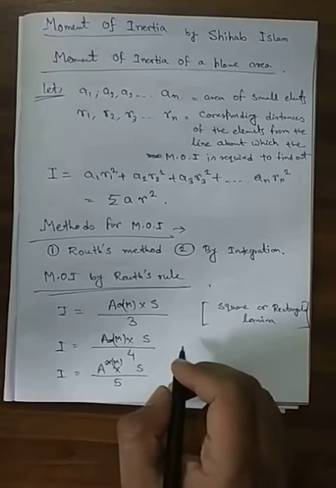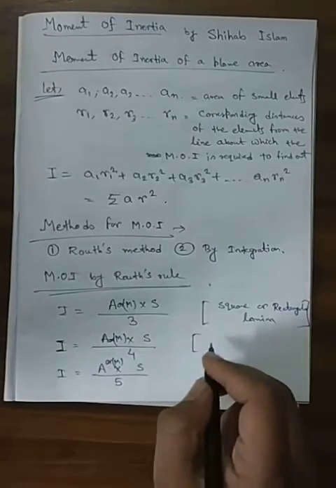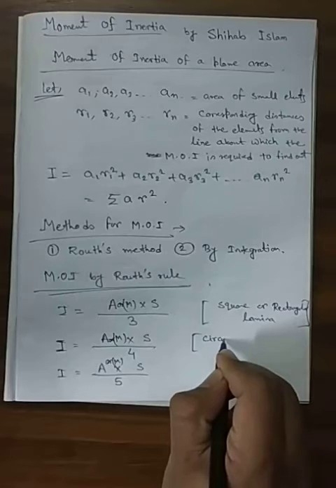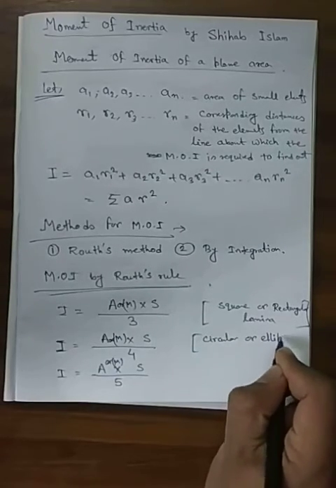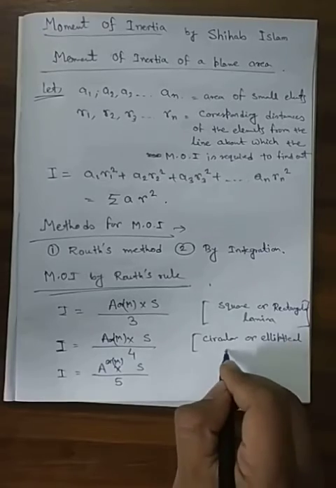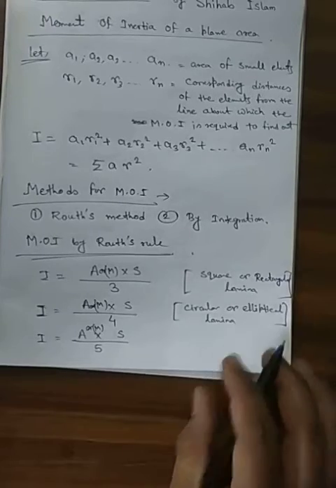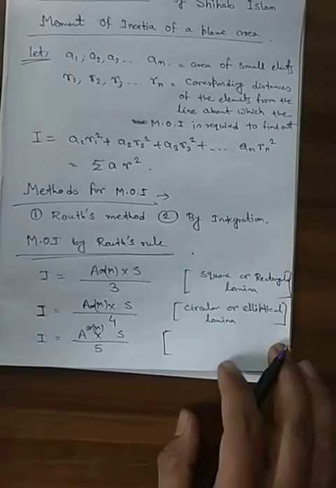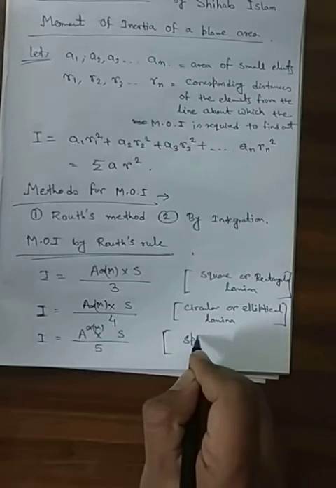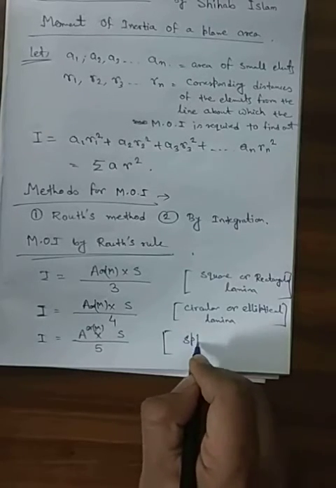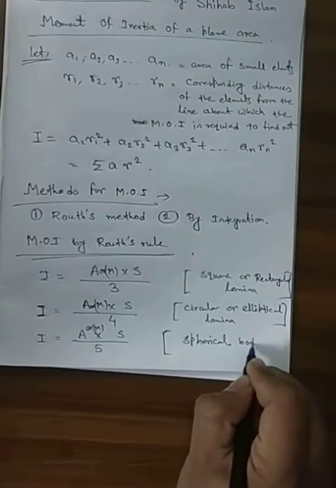And the second formula, A into S divided by 4, is applicable for circular or elliptical lamina. And the last one, A or M into S divided by 5, is only for a spherical body, like a football.